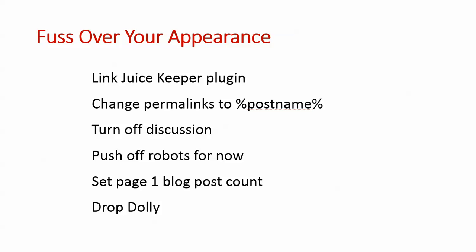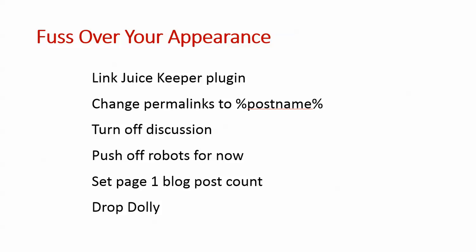I push off robots by dissuading them from visiting. I like to do that while I'm getting myself set up. Once I've got my initial silos and first few blog posts on the site, I allow robots to come back because I'm ready to begin the process of monetizing and actually building up the metrics for the mini site.